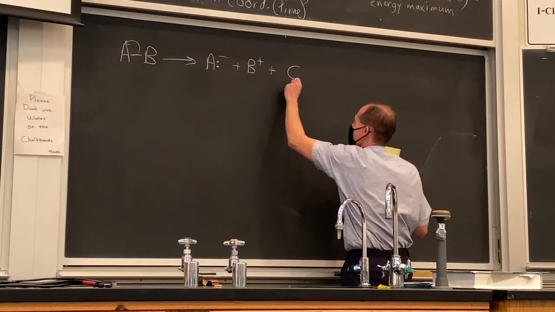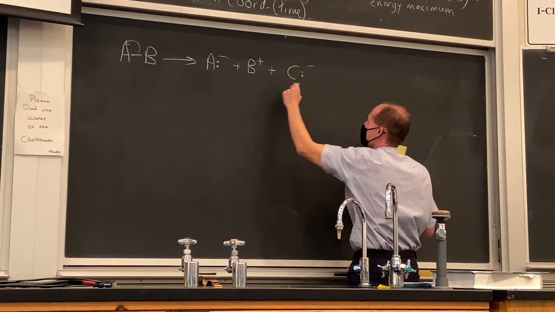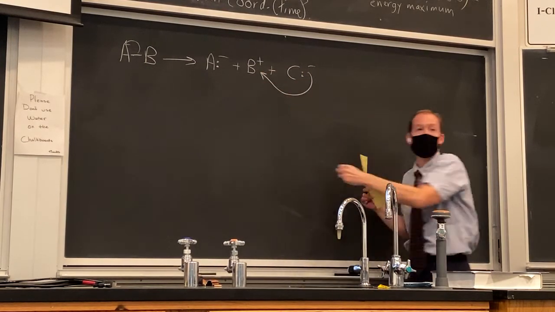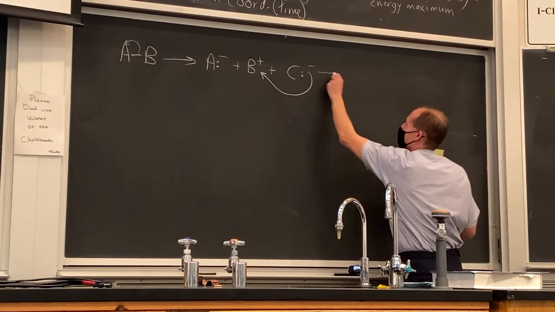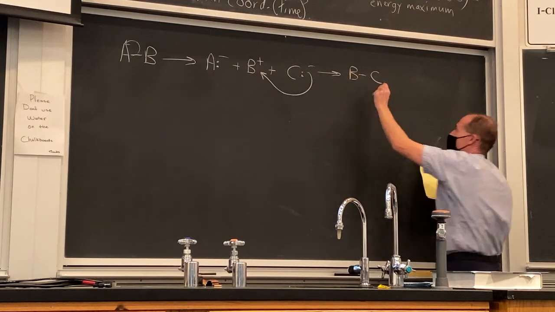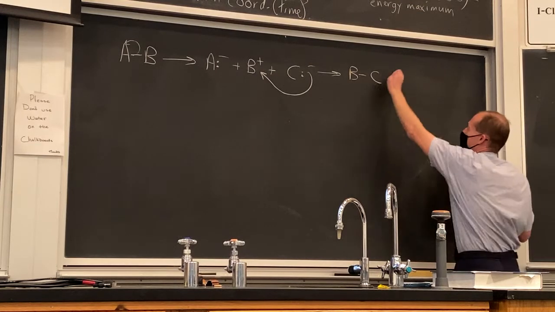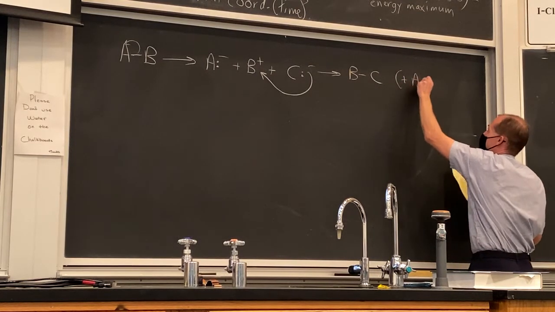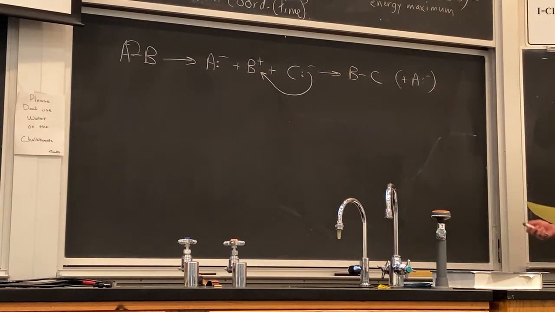And then in our second step, C minus is going to come in and react with B plus, giving us the product BC. And then just over here, we don't have to write this, but I'm just going to write A minus, indicating that A minus is carried over unchanged from the previous step.